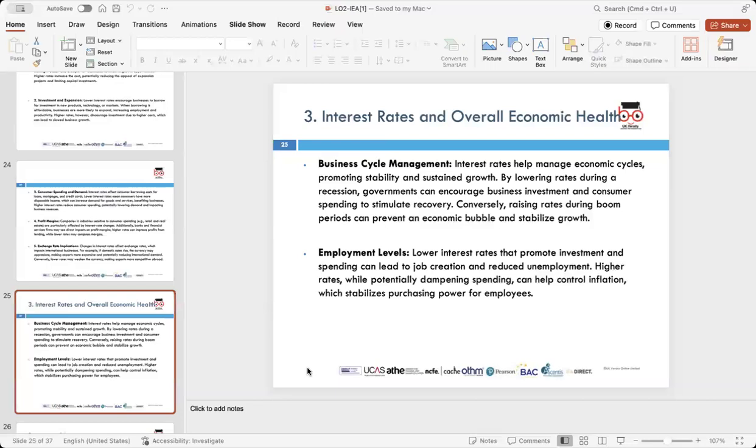Low interest rates encourage job creation as businesses expand and hire more employees. Conversely, higher rates can slow down hiring and lead to job losses, particularly in industries that rely on credit and consumer spending.